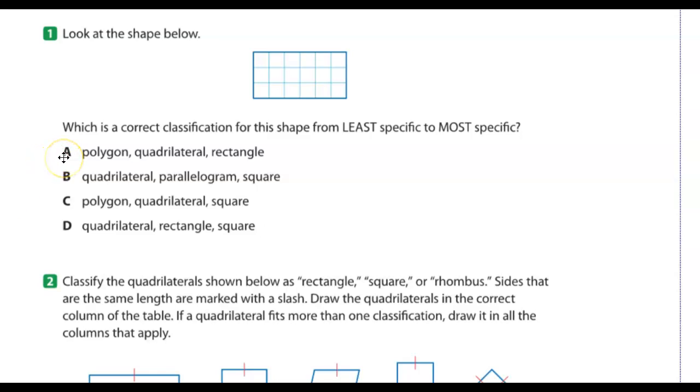Did you answer A? A would be correct. A polygon is any closed figure. So then we go to quadrilateral, which has 4 sides, and then we go to rectangle, which has 2 pairs of parallel sides and 4 right angles.